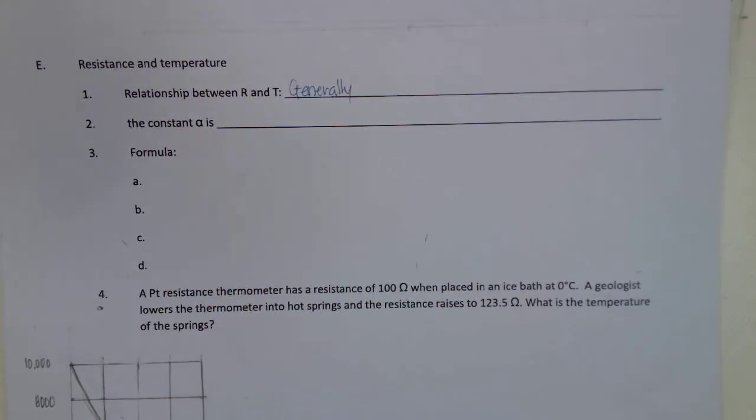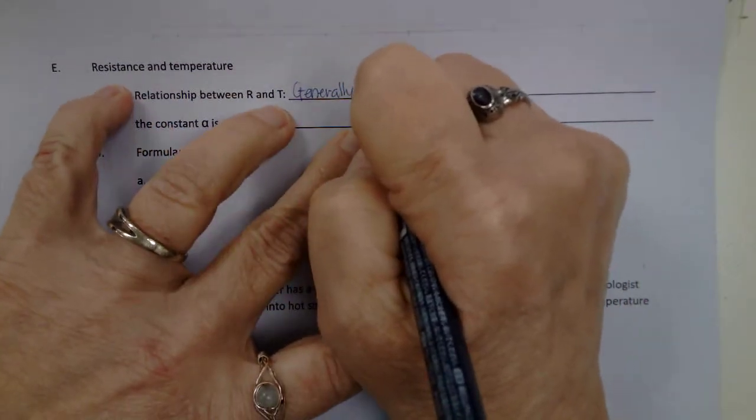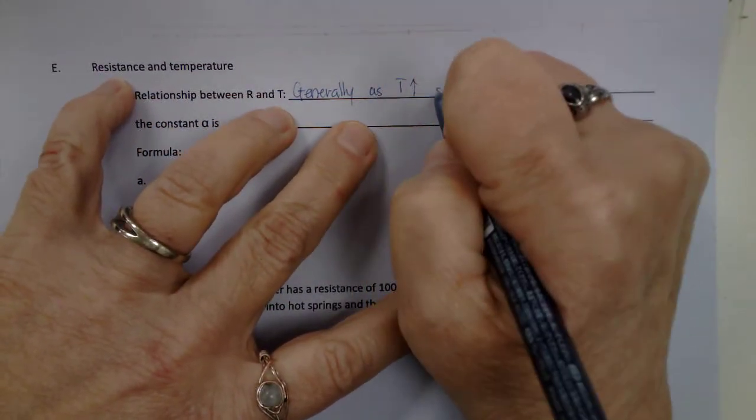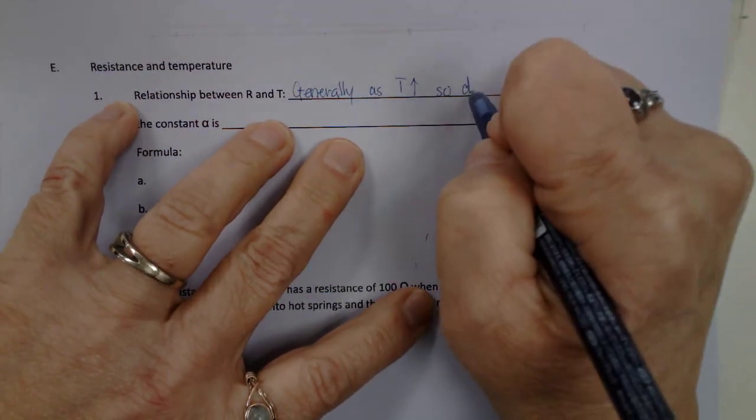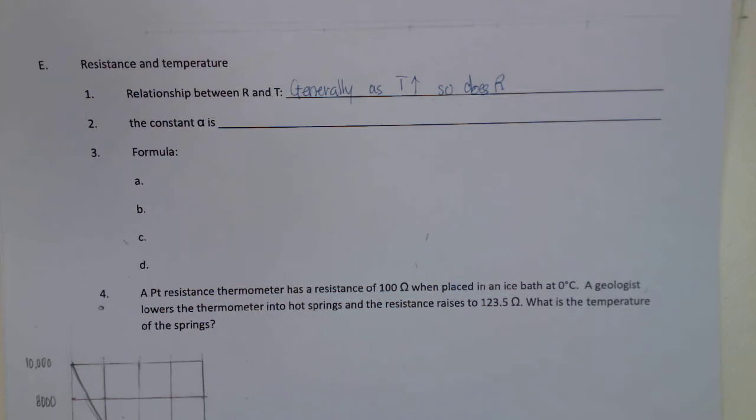If the atoms, and particularly the electrons, are moving faster because the temperature has gone up, then that means you're providing more opposition to the flow of electrons. So as temperature increases, so does resistance, generally. Not universally, but generally.